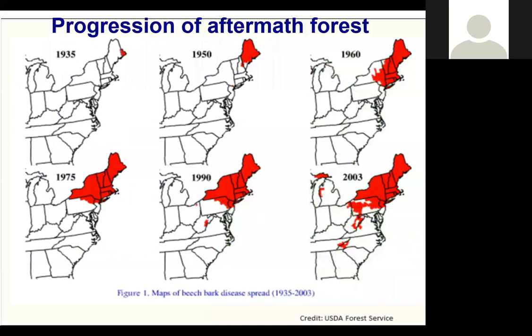So what I wanted to show here now is the progression of the aftermath forest. I mentioned that this aftermath forest is going to be around with us for a long time. So we'll see different levels of development depending on how far along you are into that aftermath phase.